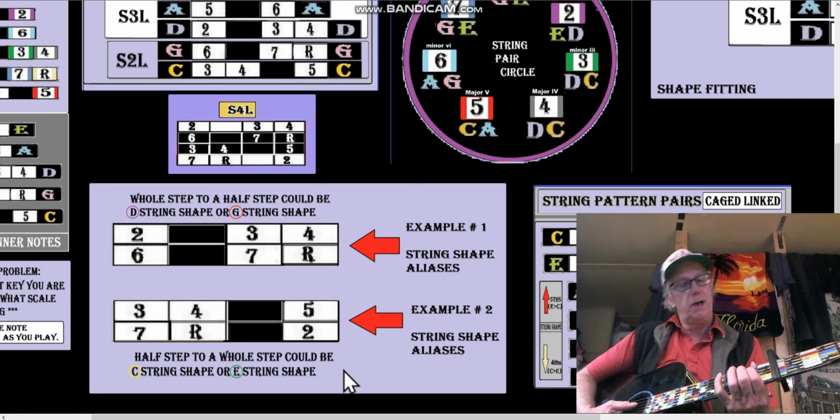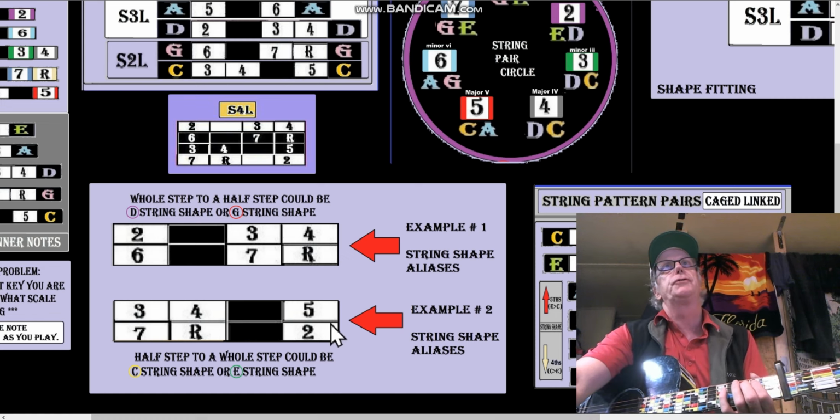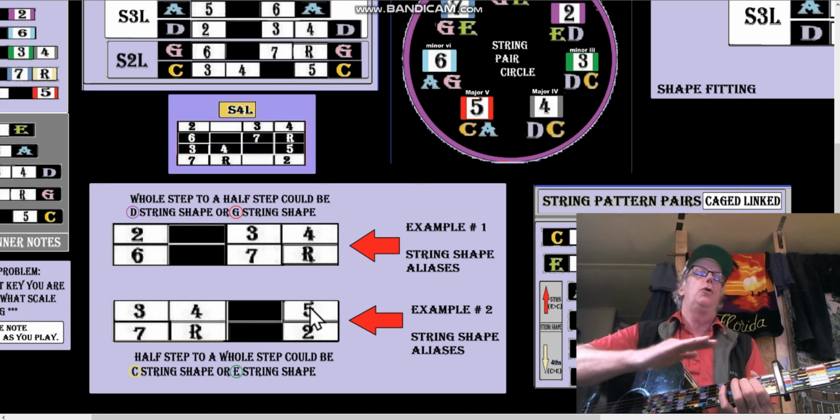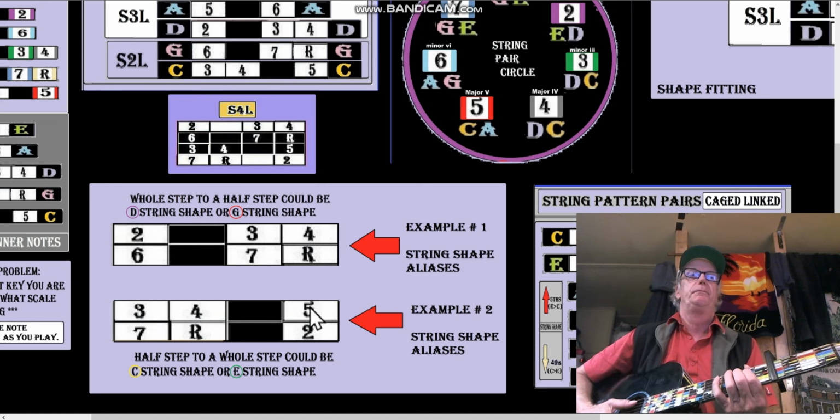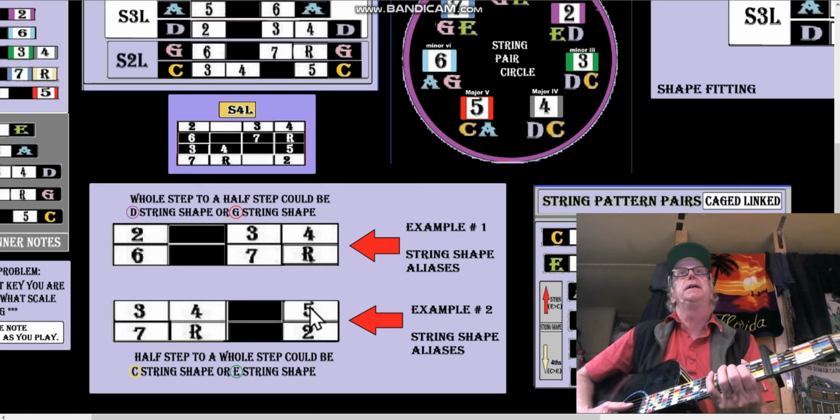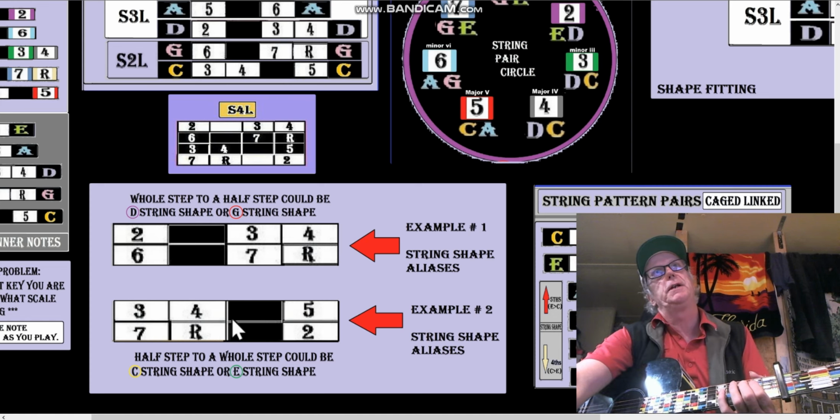What's going on? Is that a 7 root 2, or is that a 3, 4, and a 5? That's the only thing it could be. So you have to decide that. That's what the aliasing problem is. And the same thing with a whole step to a half step. But we can use this stuff to our advantage.